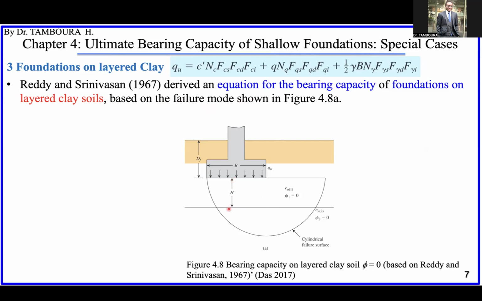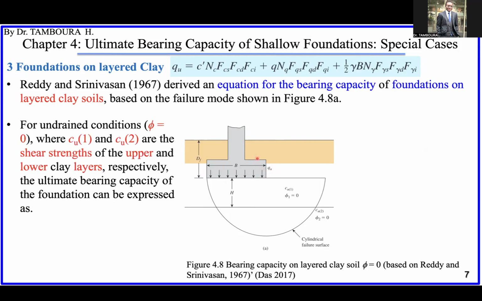H, as you can see, is the thickness of the top layer, the upper soil layer. Df, I think you know already what that means. B is the width of the foundation. For undrained condition, as I said, phi is 0.